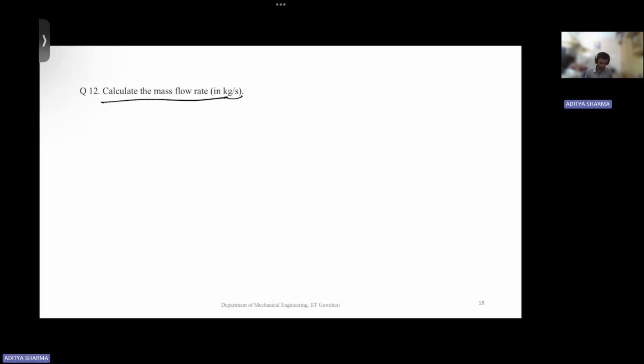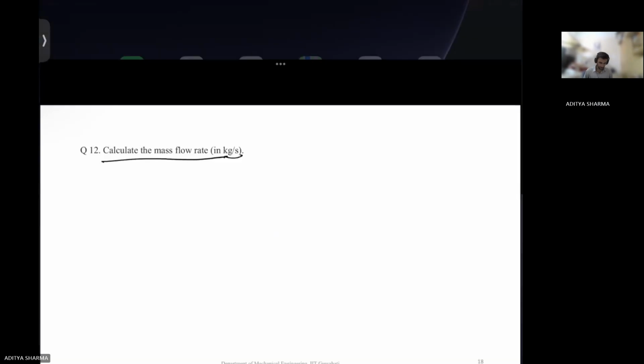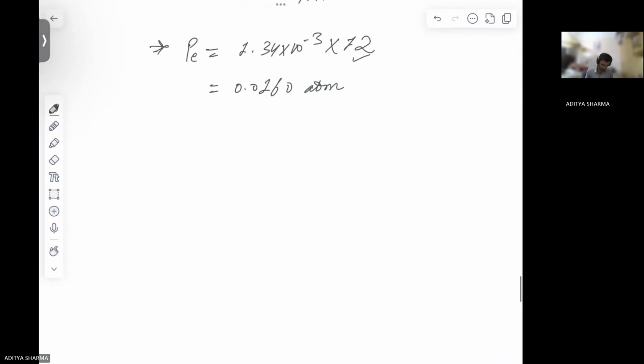Then it says that calculate the mass flow rate in kg per second. Question number 12, this is rho AV. Yes, mass flow rate is rho AV, area and velocity.